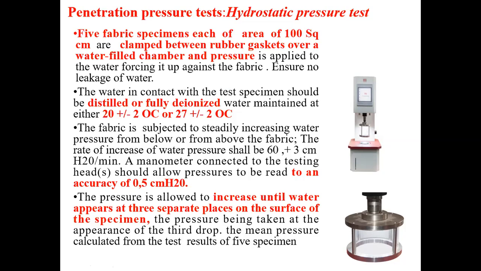Again, I am summarizing. In some fabrics, we need water repellent characteristics, especially in raincoat or paint or tarpaulin fabrics. And there are 2 categories. One is shower proof, another one is waterproof.